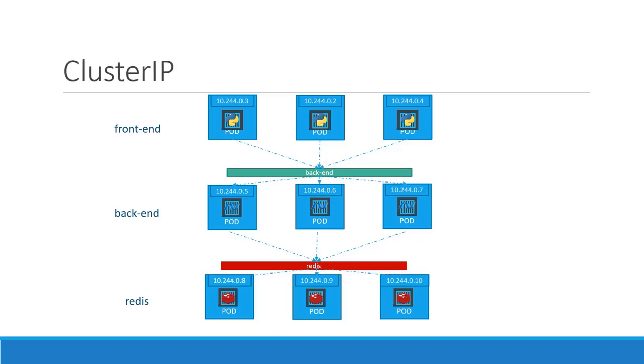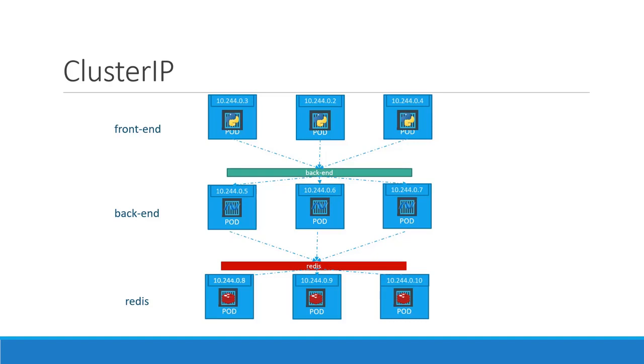Similarly, create additional services for Redis and allow the backend pods to access the Redis systems through the service. This enables us to easily and effectively deploy a microservices-based application on a Kubernetes cluster. Each layer can now scale or move as required without impacting communication between the various services.